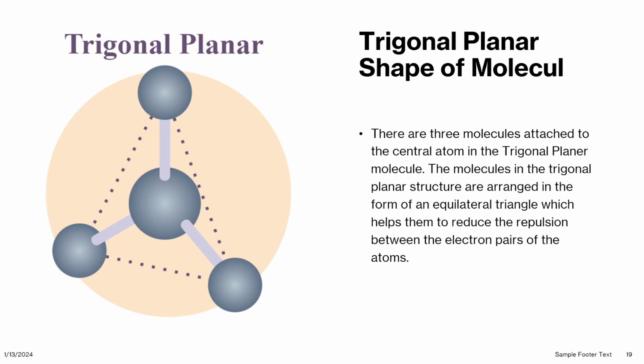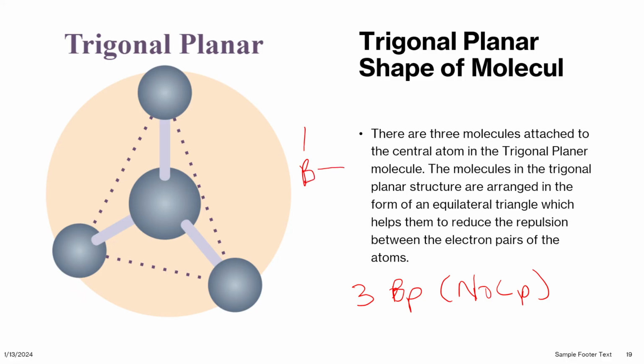We have a trigonal planar molecule when we have three bonded pairs and no lone pairs. So we have this type of structure. For example, this structure can be exhibited by the boron trifluoride that we looked at before.